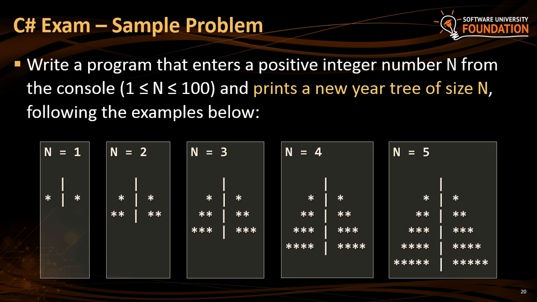A normal, well-prepared student will be able to solve this problem in 5 to 10 minutes. This is normal. If you are not well prepared, you solve this problem in 1 hour. If you can't solve it in 1 hour, bad news. You'll probably not become a student at the Software University.